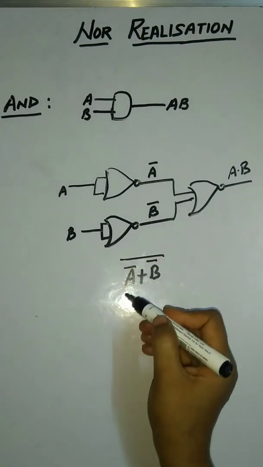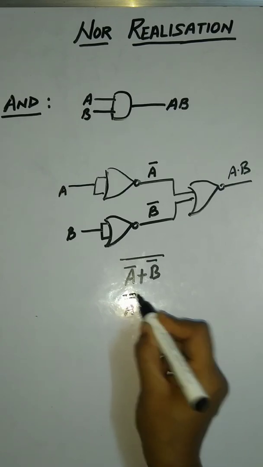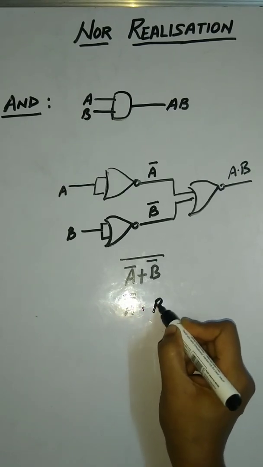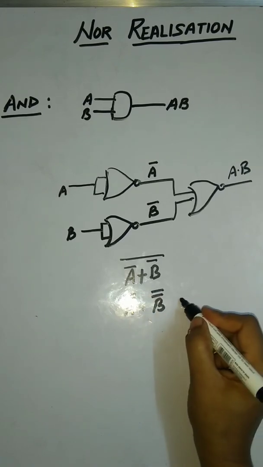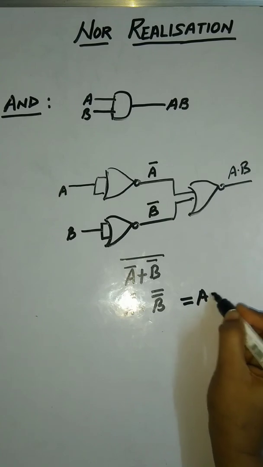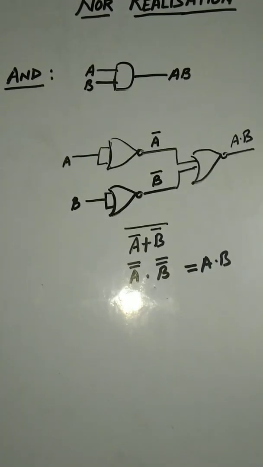According to De Morgan's law, we can write it as A complement complement dot B complement complement, which is equal to A dot B. So it's the implementation of the AND gate by using the NOR gate.